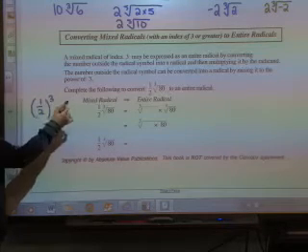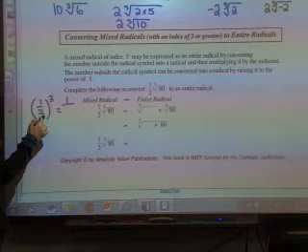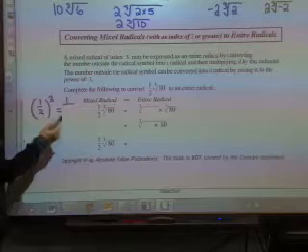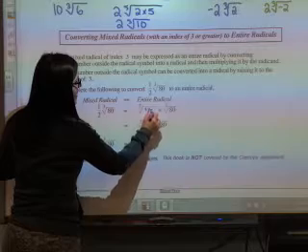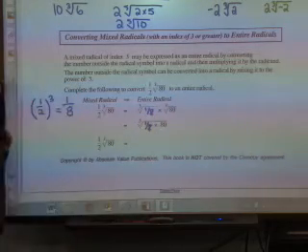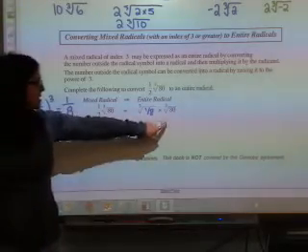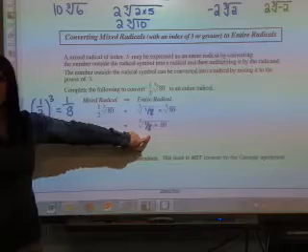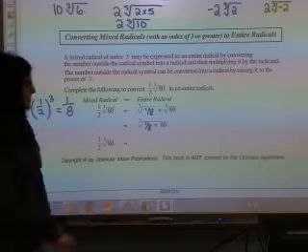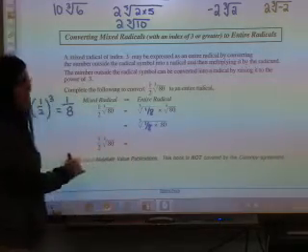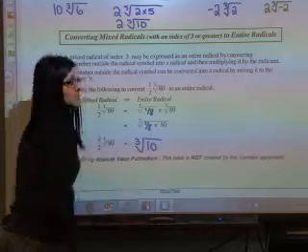So 1 to the power of 3 is 1, 2 to the power of 3 is 8. So I get the cubed root of 1/8 times 80. And if I didn't use a calculator for this, 8 is on the top, 8 is on the bottom, so think of it as division. 80 divided by 8 is 10. So the 1/2 times the cubed root of 80 would be the same thing as the cubed root of 10.